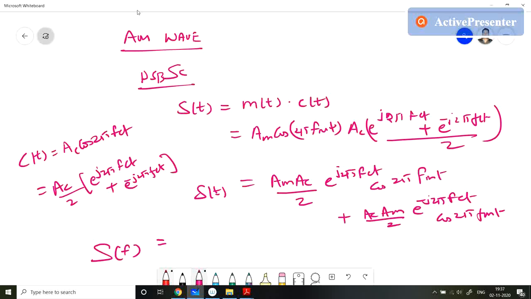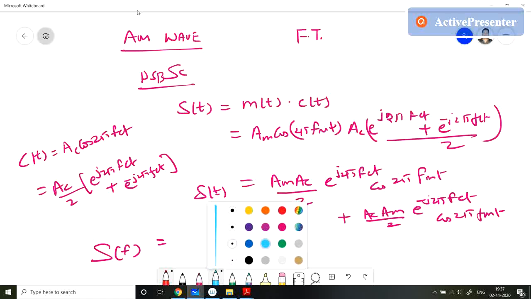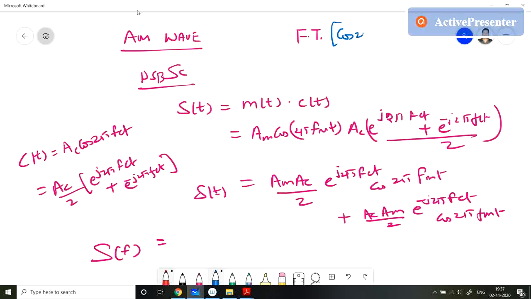The Fourier transform of cos 2 pi fct is 1 by 2 times delta(f minus fc) plus delta(f plus fc).